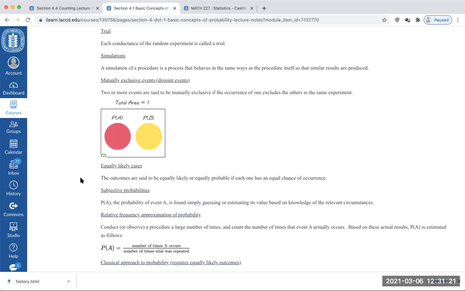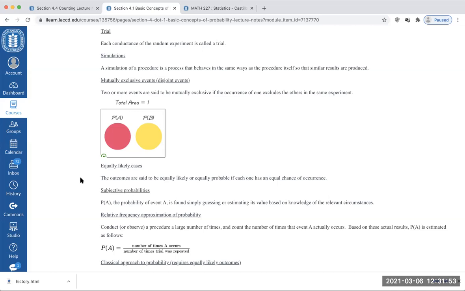But just because you have a certain number of events, you can't really figure out probability that way unless you assume equally likely cases. So let's suppose we have the following situation. You decide to climb up to the top of the Empire State Building and you jump off. There are two possible outcomes. You live or you die.